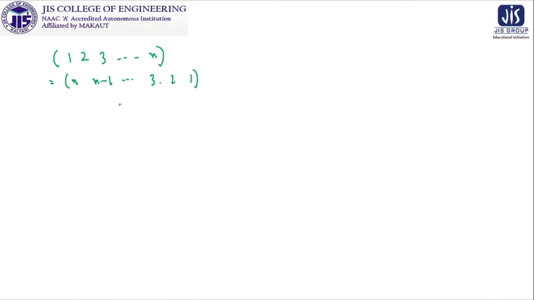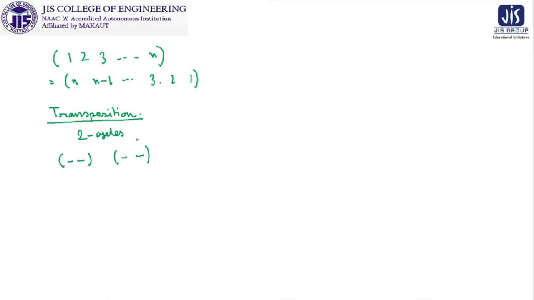Now we are going to learn one more term which is called transposition. What is the meaning of transposition? A transposition is a cycle of two elements, that will be in this form, not more than this.